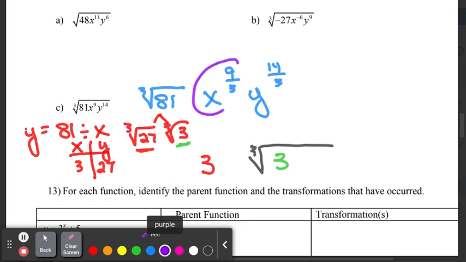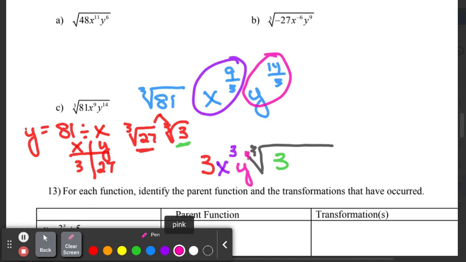Now we've got x to the 9 thirds. That fraction completely simplifies to x to the 3. And then y to the 14 over 3. Well, I know 3 goes into 14 4 times with a remainder of 2. So you could put a y to the 4 in front. And then what was the remainder? 2 on the inside.